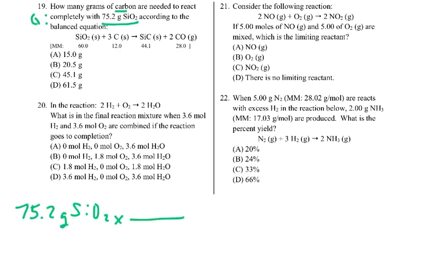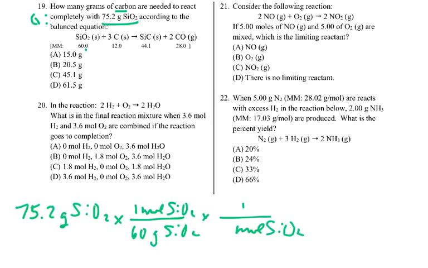So I know SiO2 weighs 60. So I'll say 60 grams of SiO2 for 1 mole of SiO2. Then moles of SiO2, and I'm trying to get to moles of carbon. So from my balanced equation, there are 3 moles of carbon for every 1 mole of SiO2. I'm taking those 2 numbers.